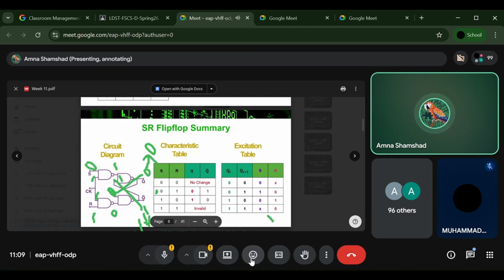The second inputs of these two NANDs are basically from this S and R. One input comes from the cross coupled connection, and one input is from this S and R combination, and then you can check this. I have checked this 0 1. Quickly check it for 1 0.